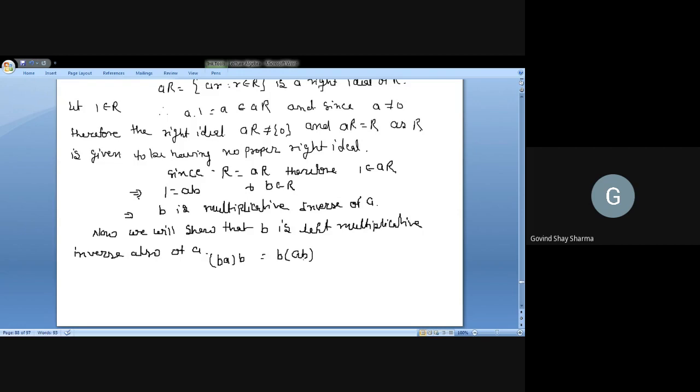Now ab equals 1, this is the right inverse. So we can say b·1 is equal to b.